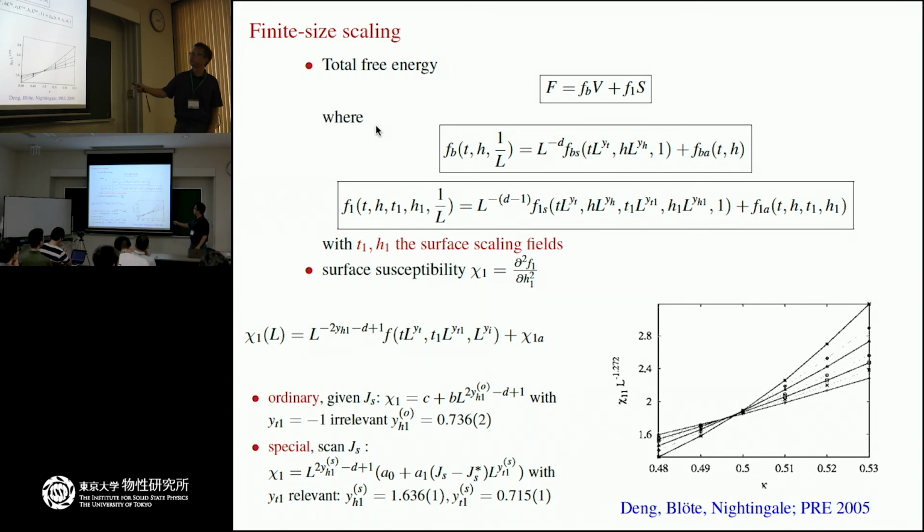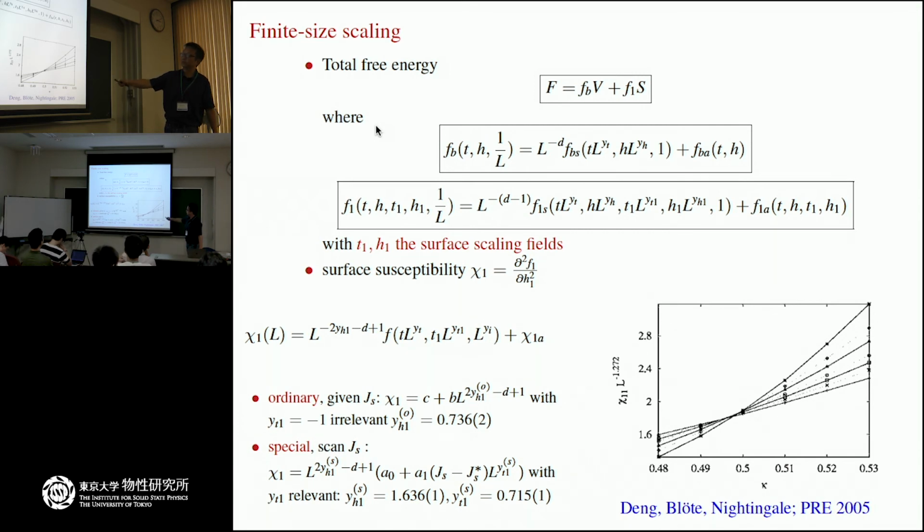You have two additional relevant scaling fields in addition to T and H. Let us look at the observable surface susceptibility, defined as this differential with respect to H1, the so-called surface scaling field.